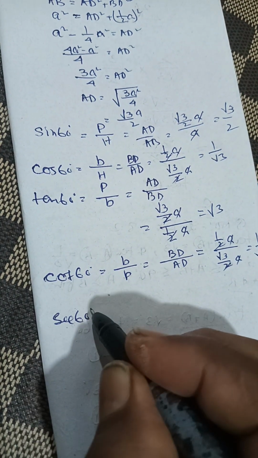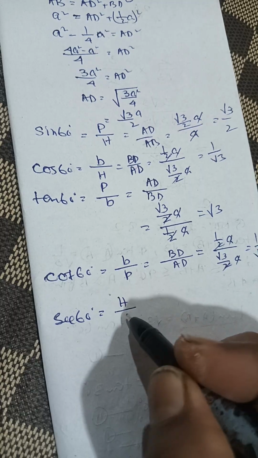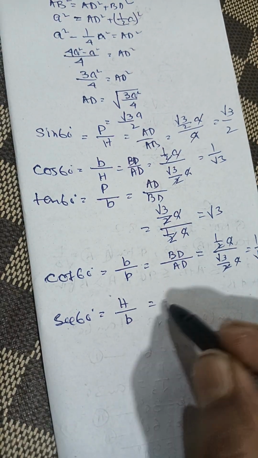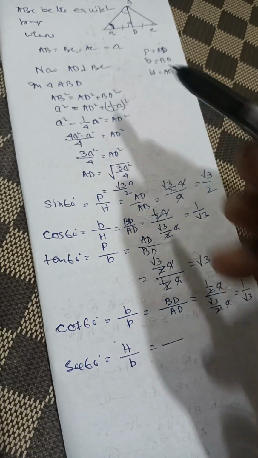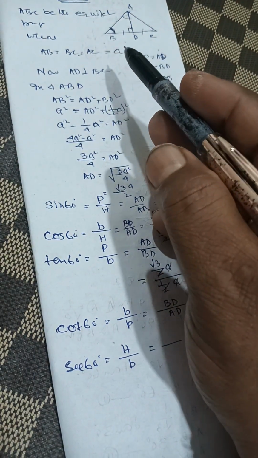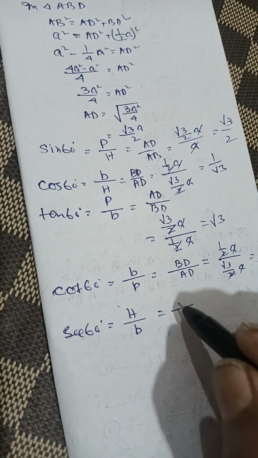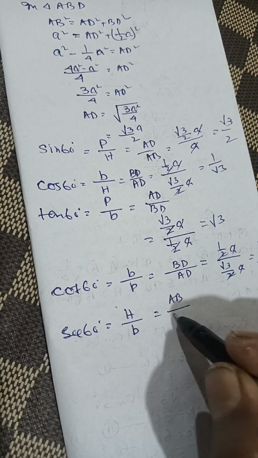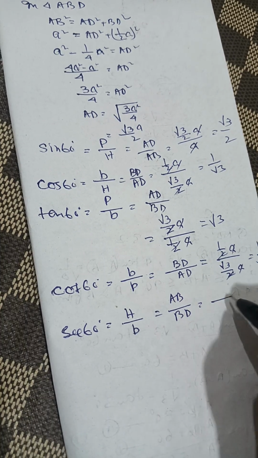Sec 60 is H by B. In the diagram, H means AB and B means BD. So AB by BD.